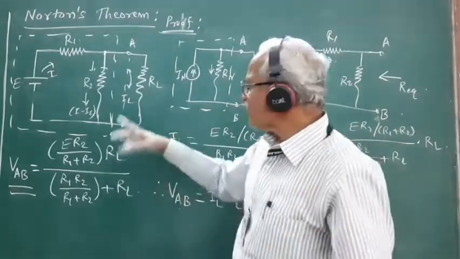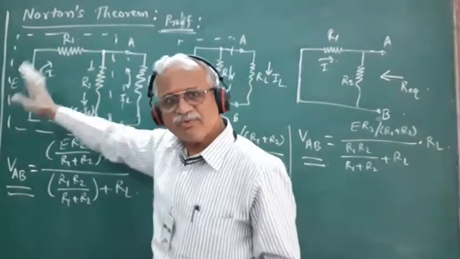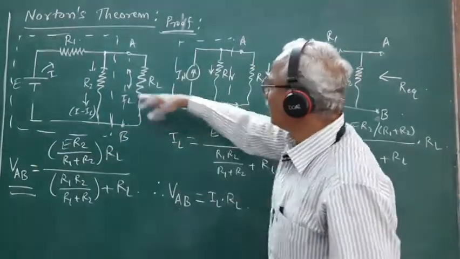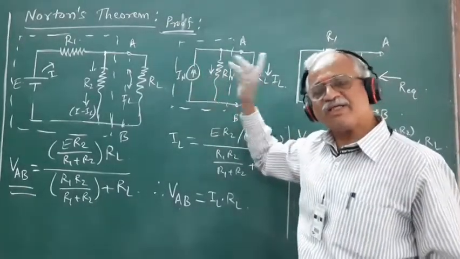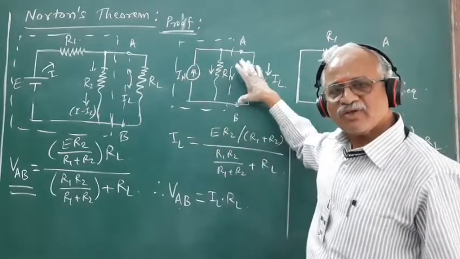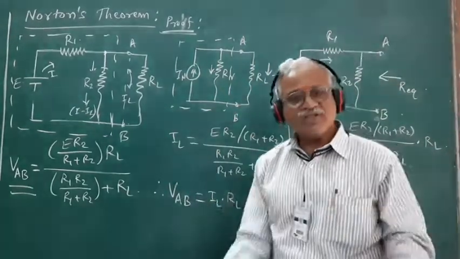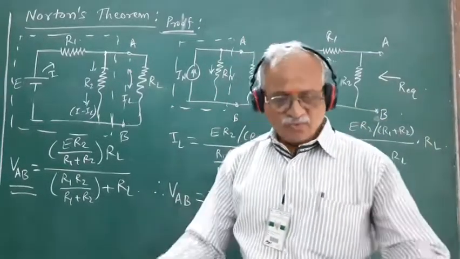In the first situation, when there is the given complicated network connected to the left of the terminals A and B, and when that complicated network is replaced by this Norton equivalent circuit, again if we get the same potential difference across this load resistance, in both these situations we can say that the Norton theorem is verified.